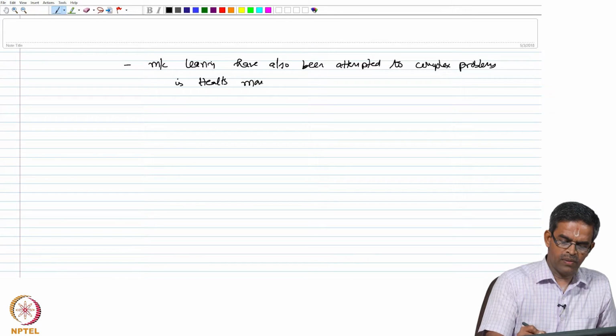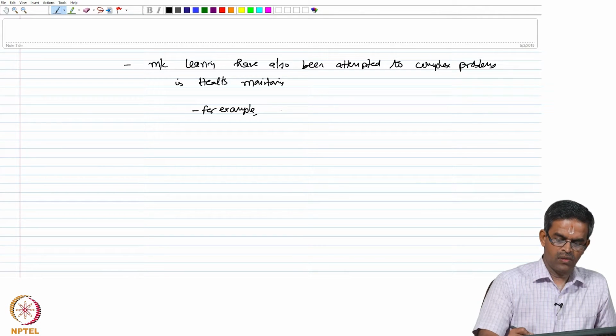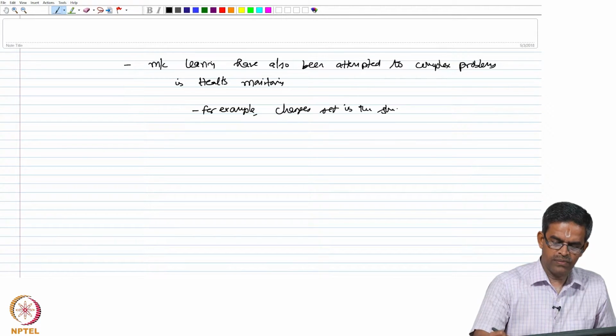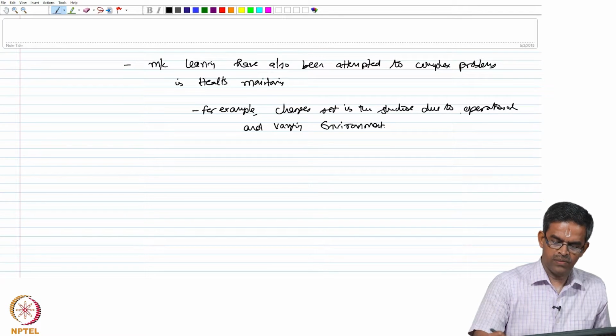For example, changes set in the structure due to operational and varying environmental conditions.